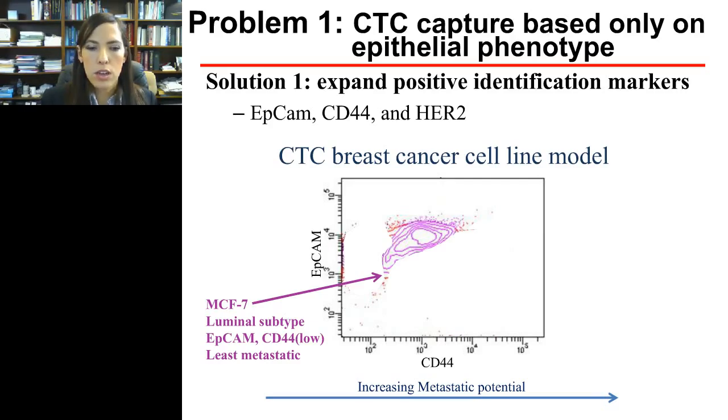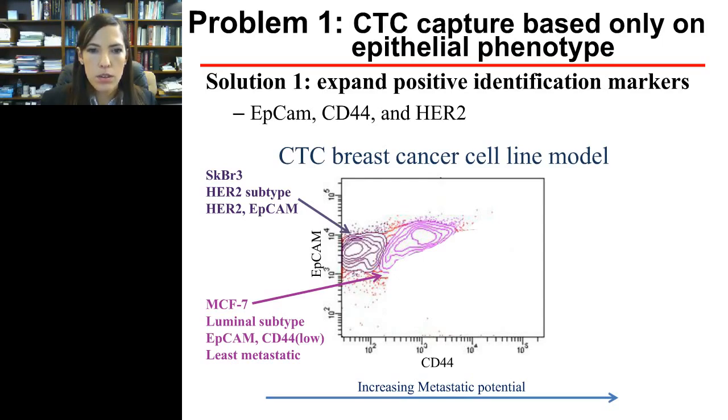So the first cell line that we've chosen as a CTC subtype is MCF7, which is a luminal subtype. They express high levels of EpCAM and very low levels of CD44. This is the least metastatic subtype that we've chosen to include in our model. The next is SKBR3, which is a HER2 subtype.